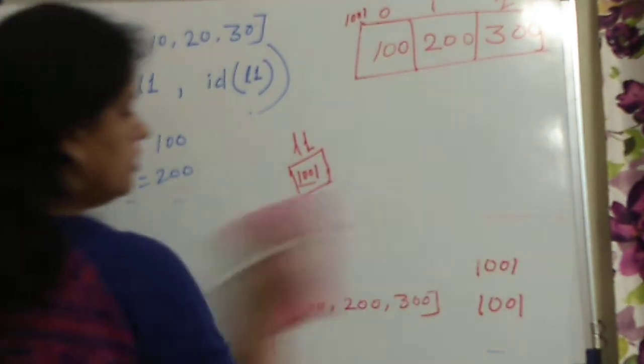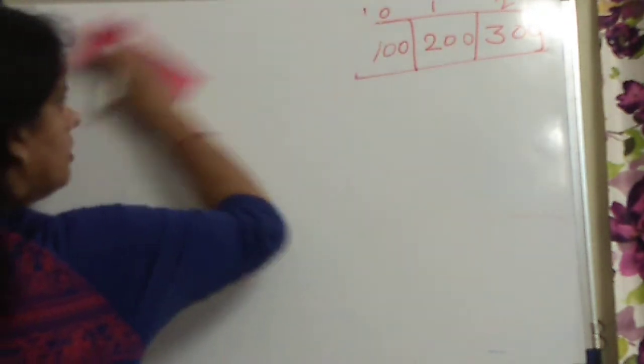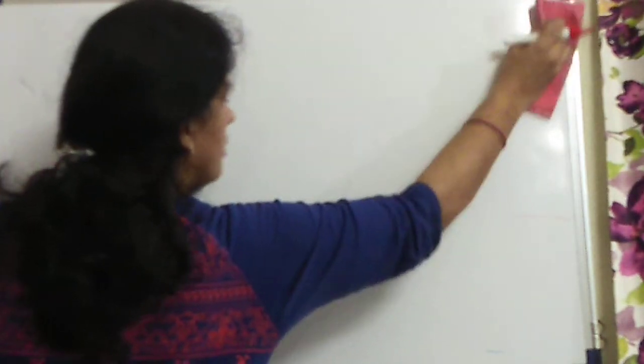Now let us see. I have given you two example programs. Clear? In the first example, the value was not assigned to the place where it was earlier occupied; the previous value was not changed.